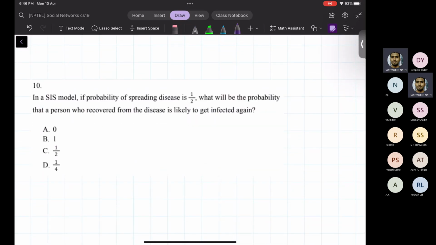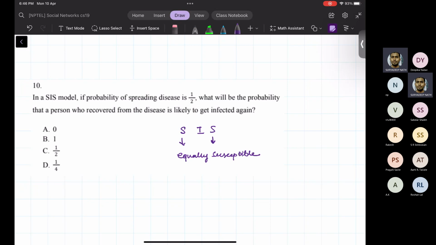Coming to question number 10. You have an SIS model, and the probability of spreading a disease is half. What would be the probability that a person who recovered from the disease is likely to get infected? Again, SIS, so this S and this S are equally susceptible.